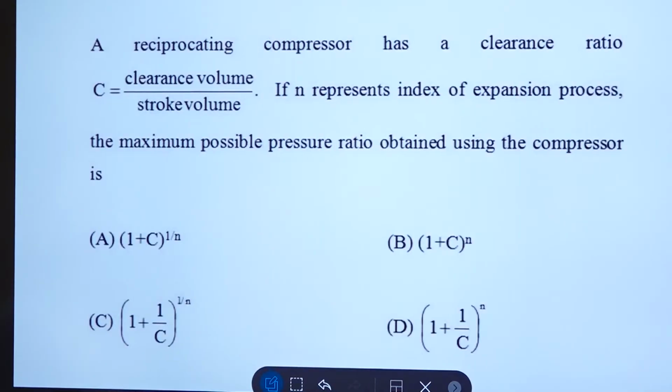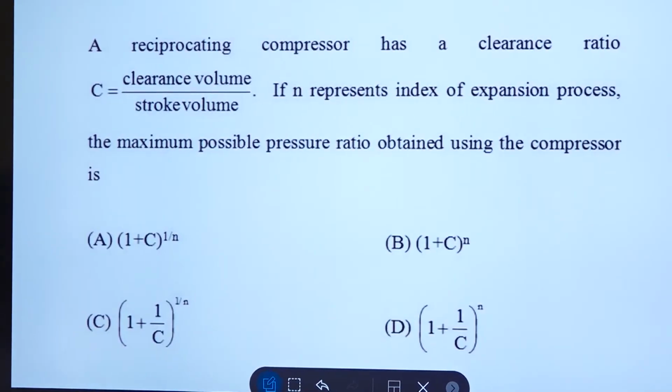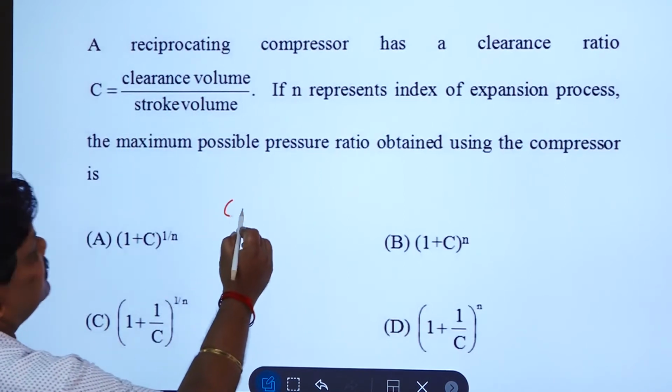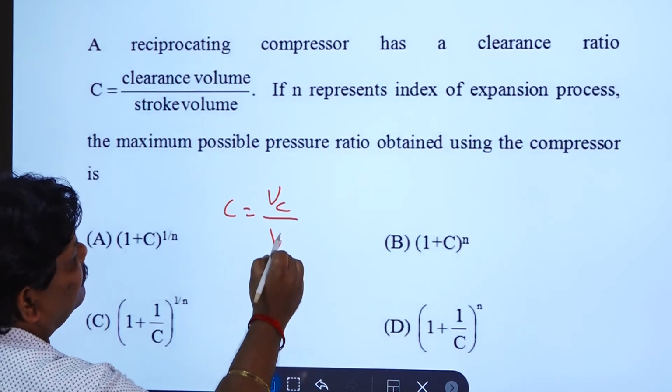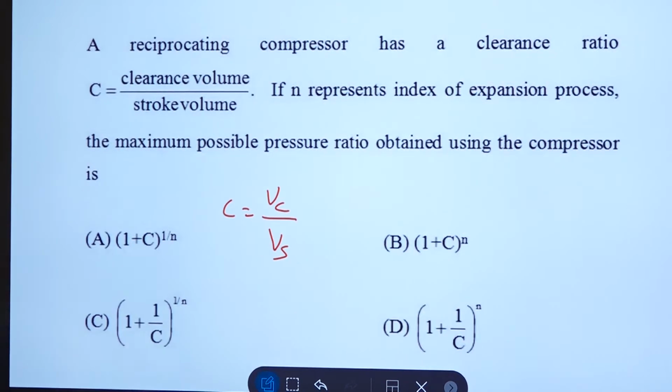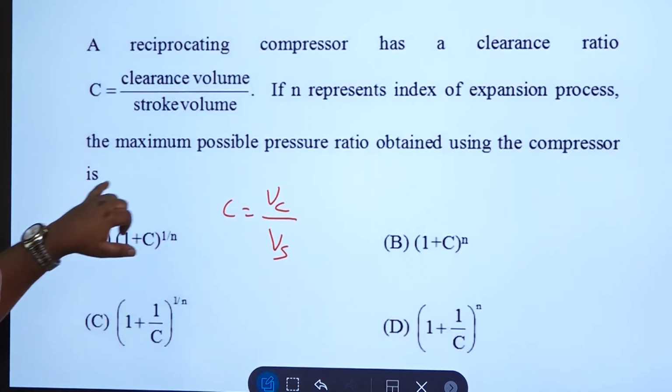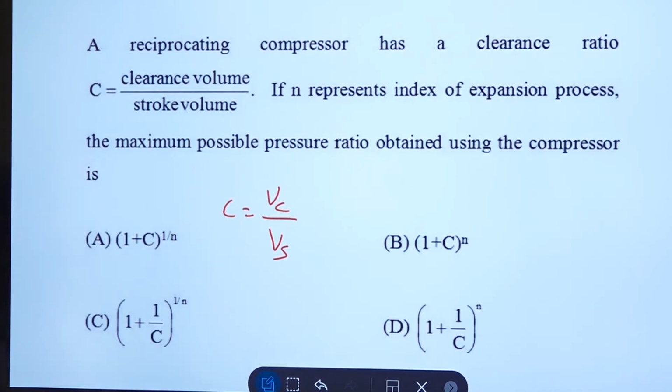The next one: a reciprocating compressor has a clearance ratio. You know that the clearance ratio C is Vc by Vs. If N represents the index of the expansion process, what is the maximum possible pressure ratio obtainable using the compressor?